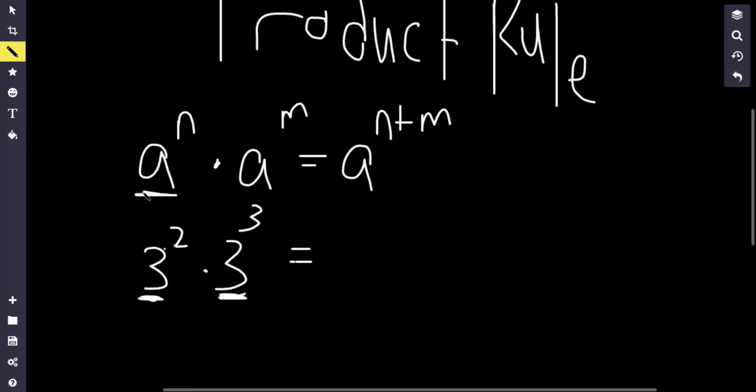You're going to keep the base and add up the exponents. So this is going to be equal to 3 to the 2 plus 3 power, which is equal to 3 to the 5th.